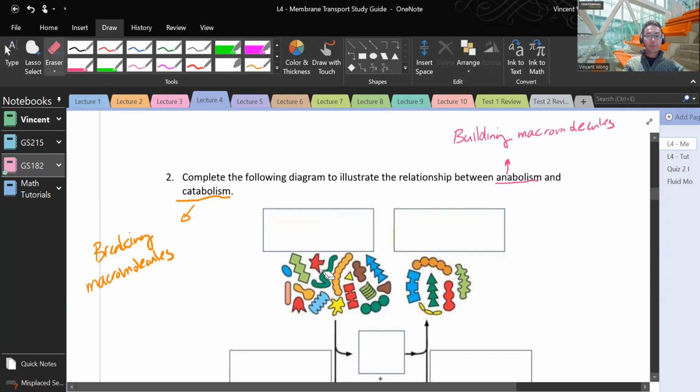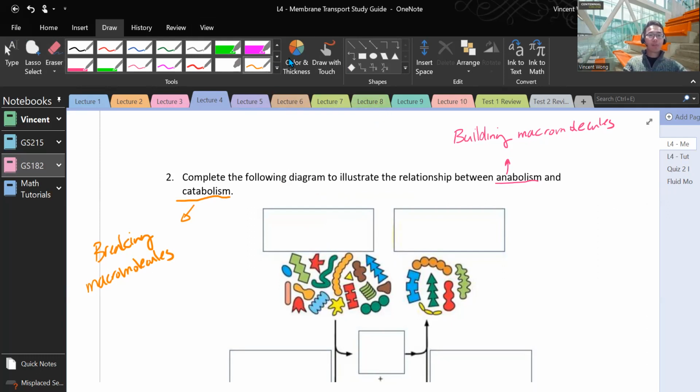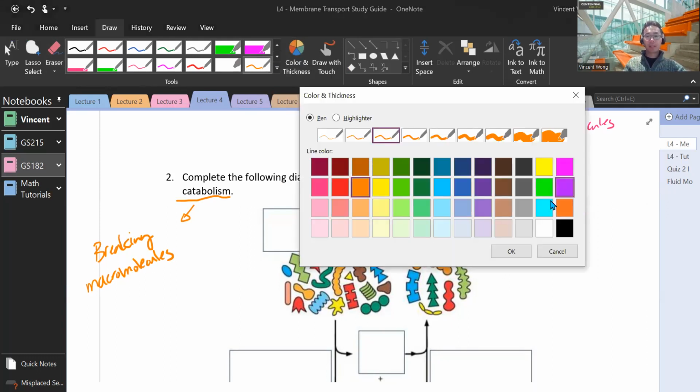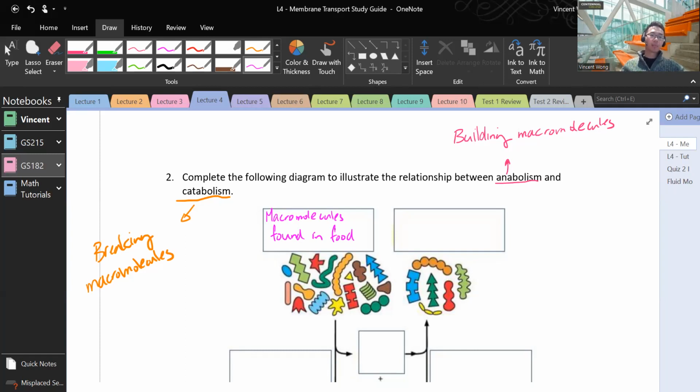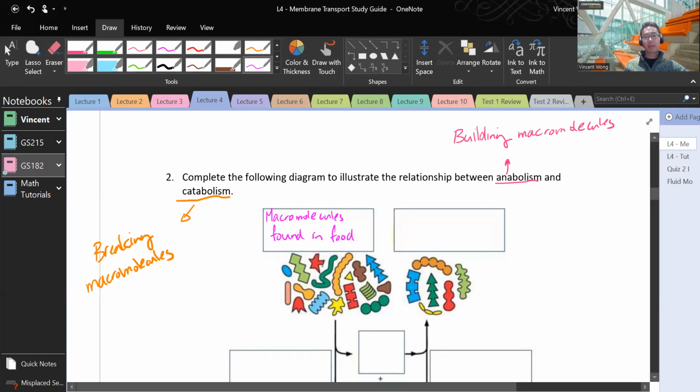So over here, we have a bunch of macromolecules, and they are macromolecules that are found in our food, for example. If you eat pasta or rice or bread, then there's going to be carbohydrates in them. We learn about starch being a macromolecule, right? There will be lipids in it. There will be proteins in it.